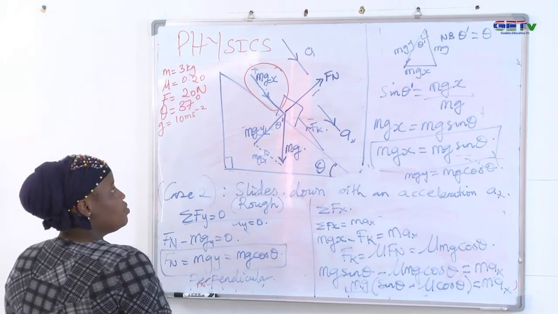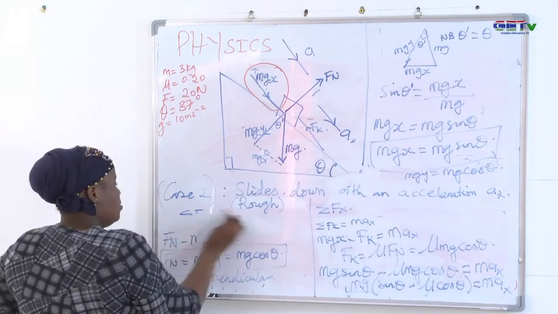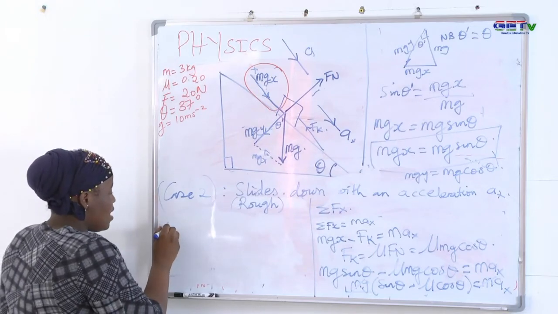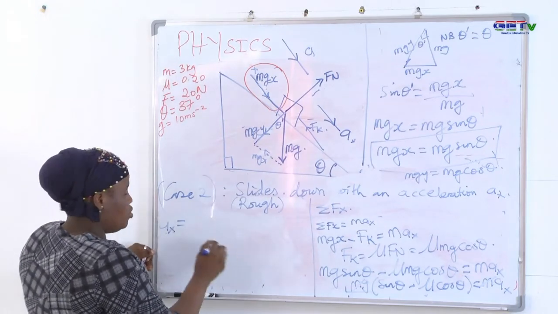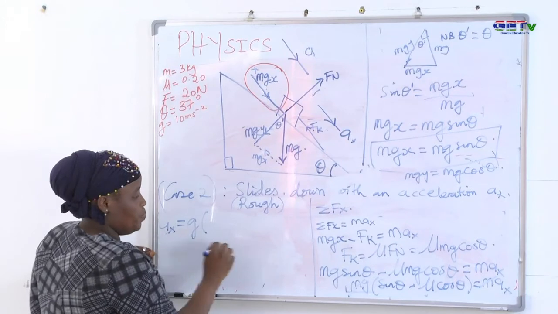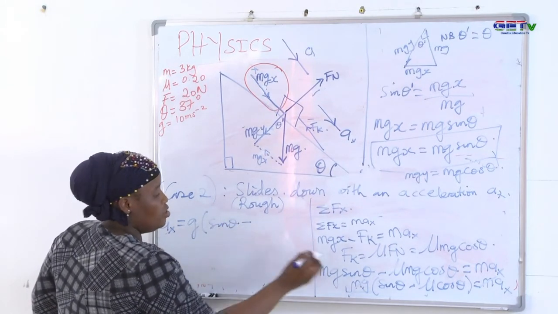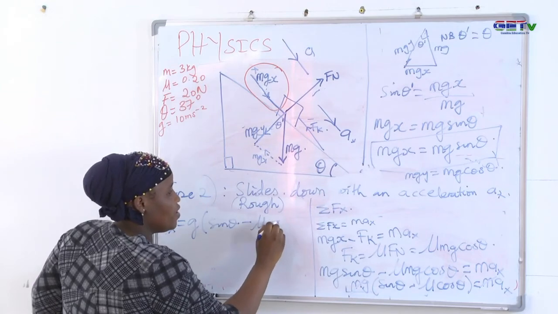This gives us the acceleration a_x is equivalent to g into sine theta minus mu cosine theta.